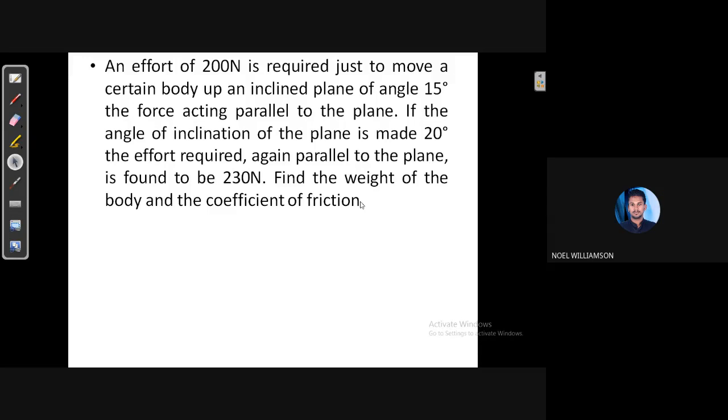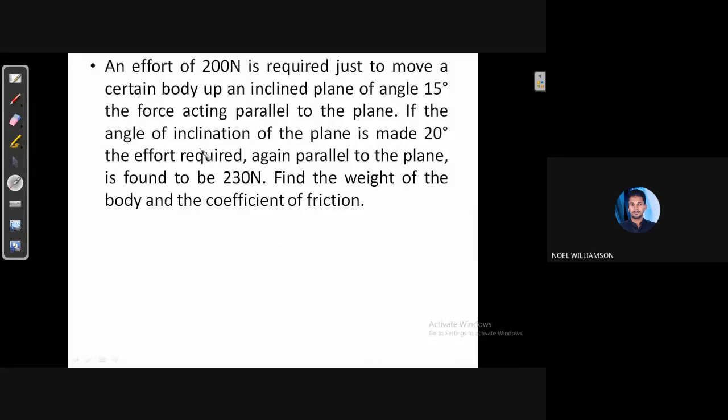Okay, fine. So what is given in the question? Here you can see an effort of 200 Newton. That means an applied force of 200 Newton is required just to move a certain body up an inclined plane of angle 15 degree. So you are given an inclined plane which is inclined at an angle 15 degree.